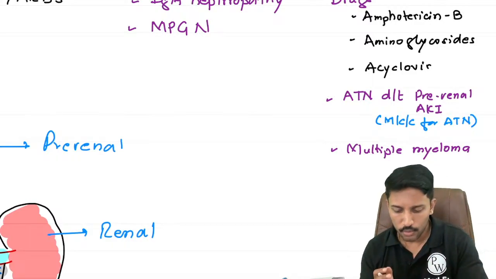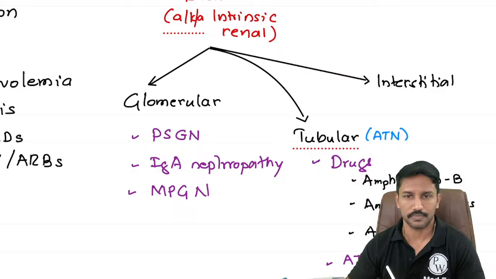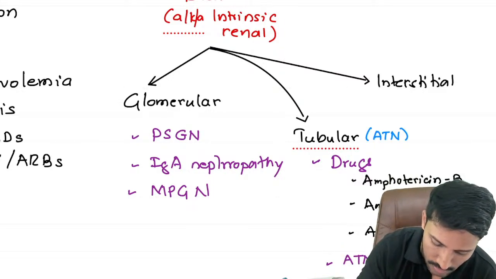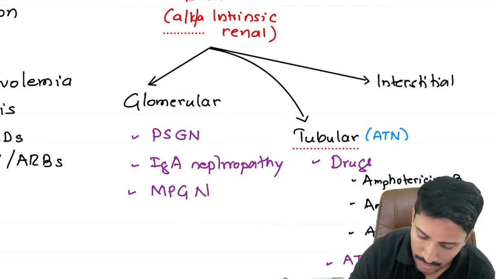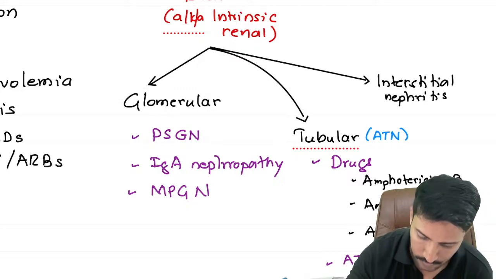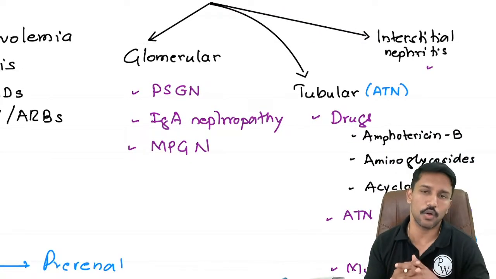Okay. Now, can you give some conditions where the interstitium of the kidney gets affected? Interstitial nephritis. So this we can call glomerulonephritis, this acute tubular necrosis, and this we will call interstitial nephritis. So interstitial nephritis is most commonly caused by drugs.